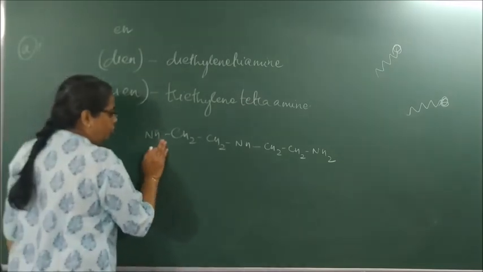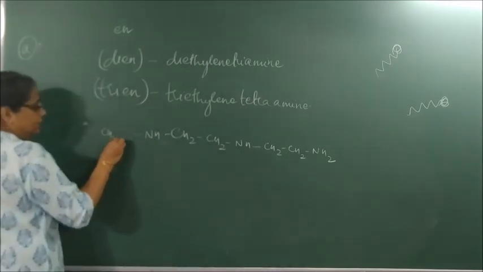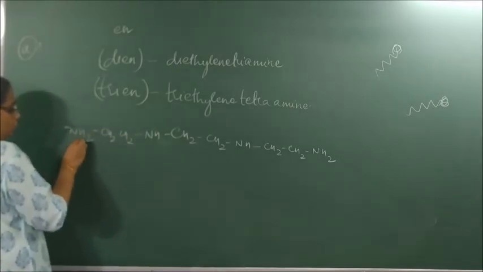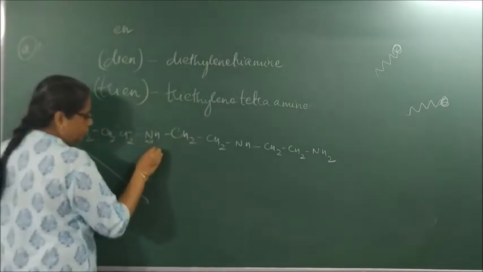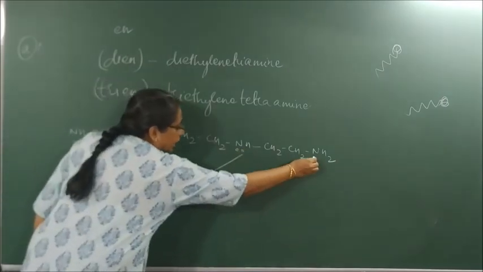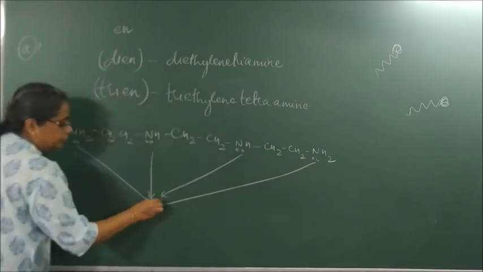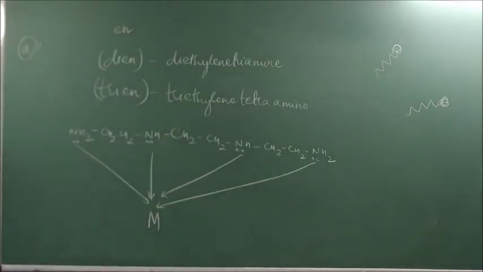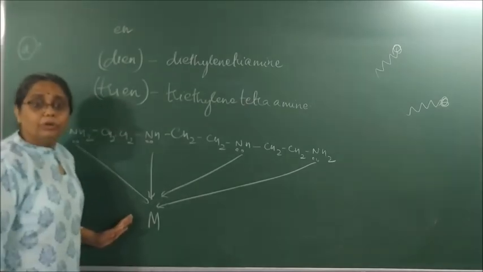Now remove one H and add CH2 CH2 NH2. 1, 2, 3 and 4. So it is what ligand? Tetradentate ligand. We have to show like this.